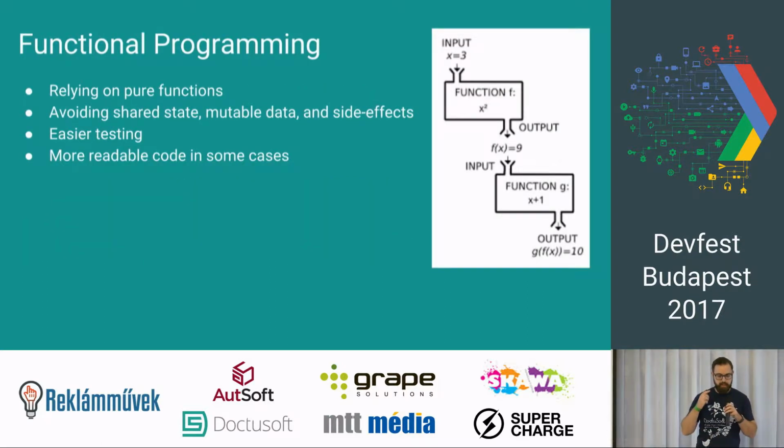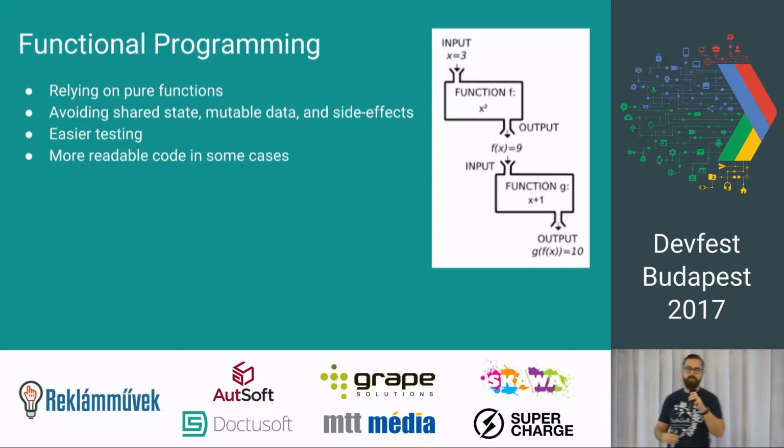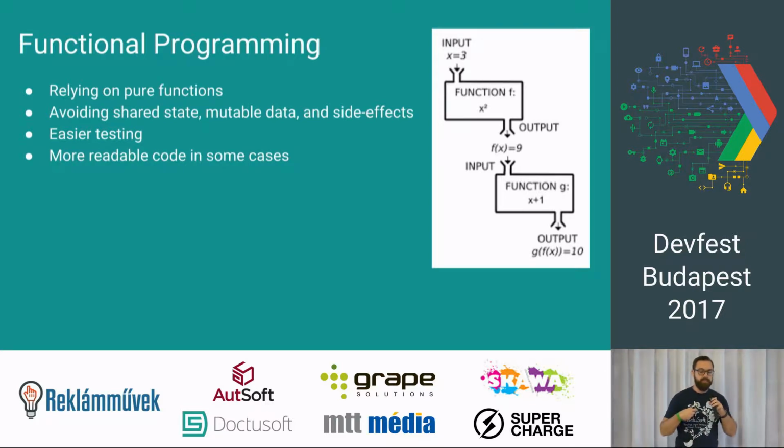So let's say, what is functional programming? Functional programming is a flavor of programming, a style. Of course, there are dedicated languages for functional programming, like Erlang and PureScript, just to name a few. But in JavaScript, it's an option. Functional programming basically relies on pure functions and putting a lot of functions together to build something working.